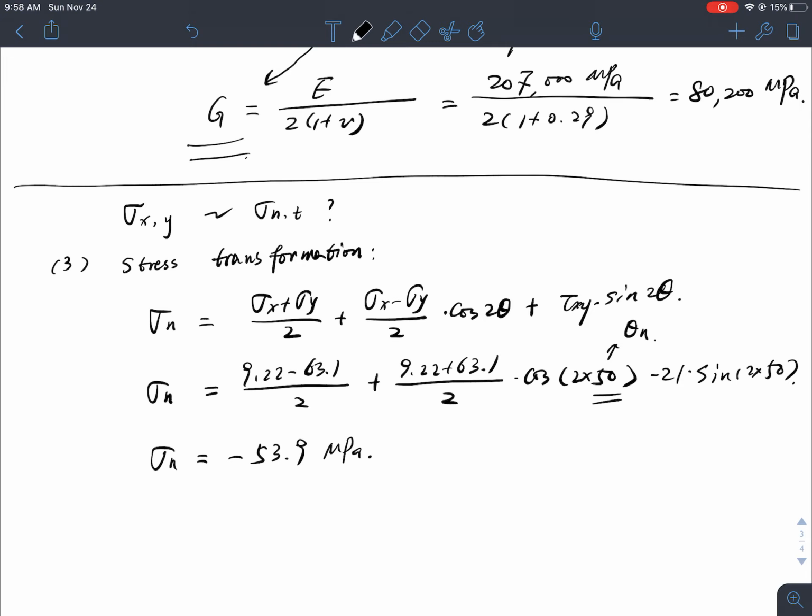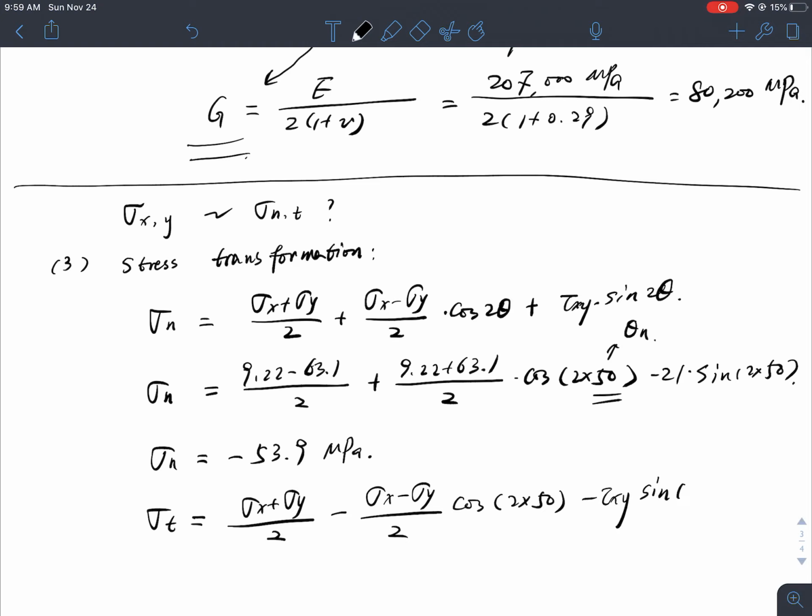To convert the stress in the t direction, sigma t equals sigma x plus sigma y divided by 2, minus sigma x minus sigma y divided by 2 cosine 2 theta, so 50 again, minus tau xy sine 2 theta, so 100 degrees again. This gives me 0.